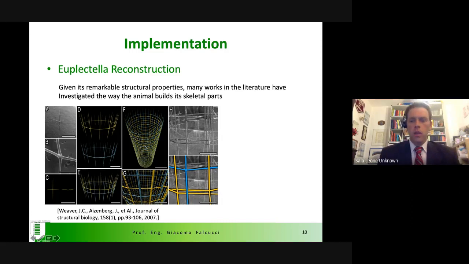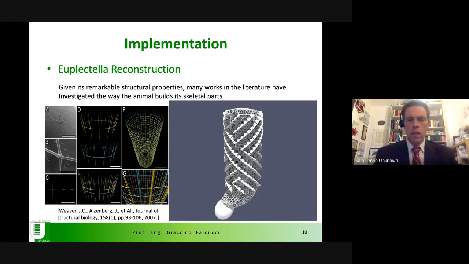We arrived at constructing this geometry that has a resolution of 20 microns. Okay, this is the actual minimum hole that we are able to resolve with this geometry, and it is completely adherent to the reality.